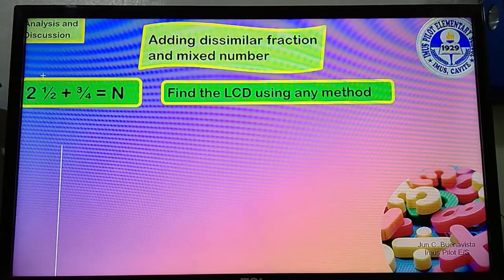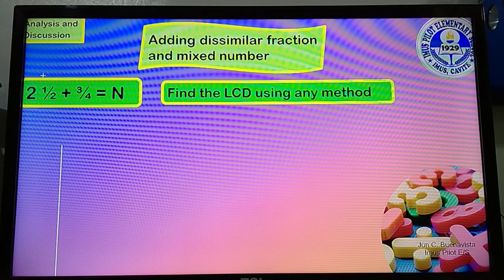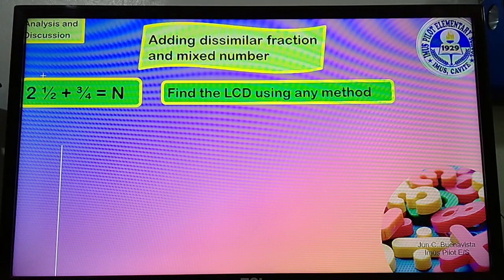Last week, you learned how to find the LCM using continuous division. Aside from continuous division, we have a lot of methods to be used. And sometimes you already know it if the numbers are small.